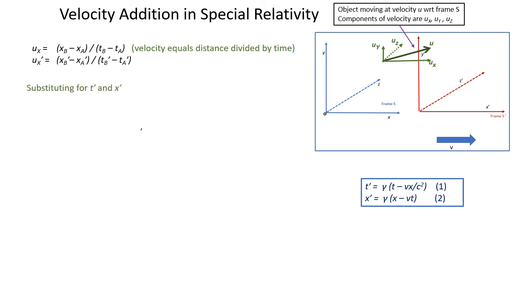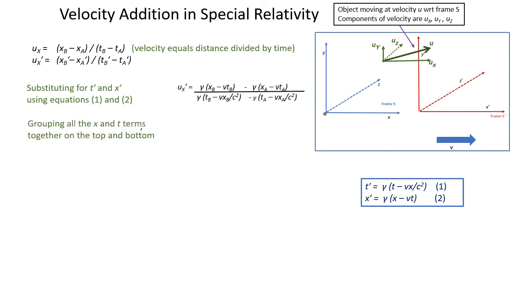Substituting for all the values t' and x' using equations 1 and 2 gives us this. Then if we group all the x and t terms together on the top and bottom of this expression, it gives us this.